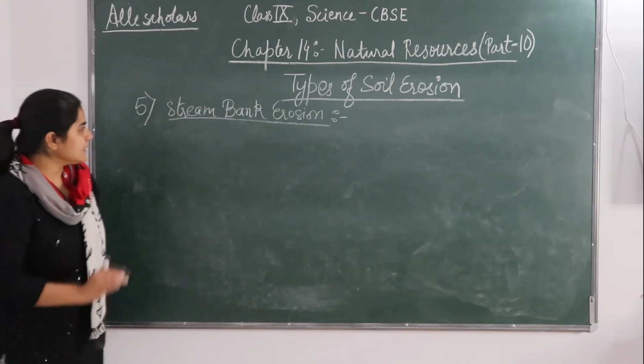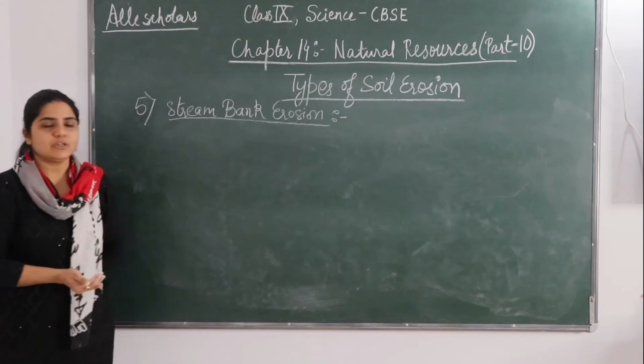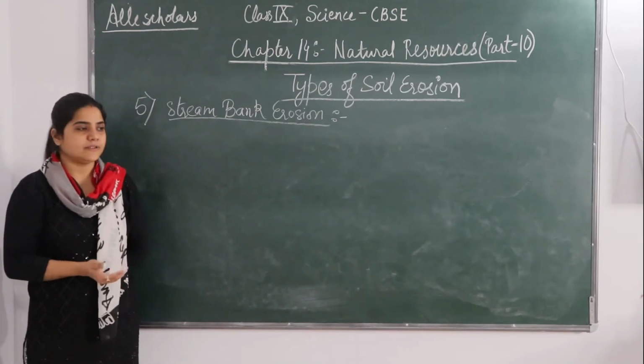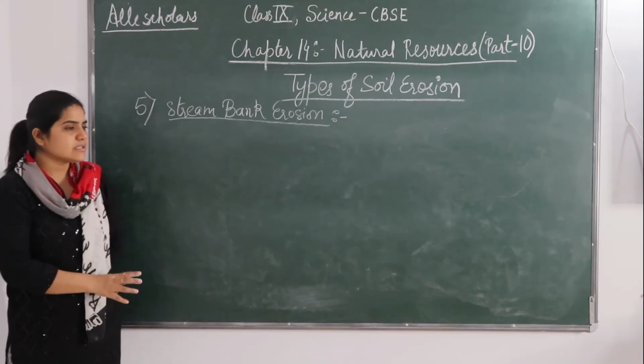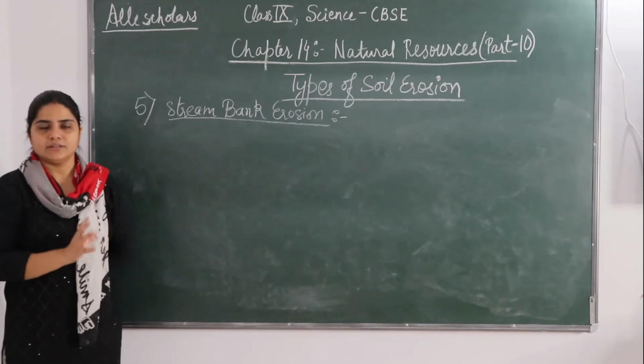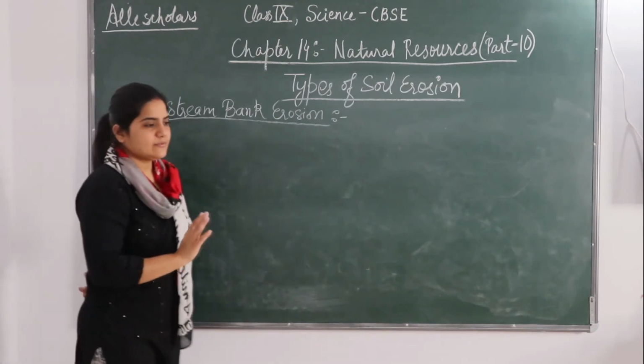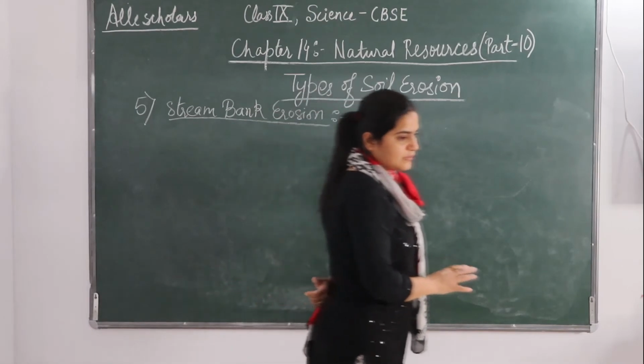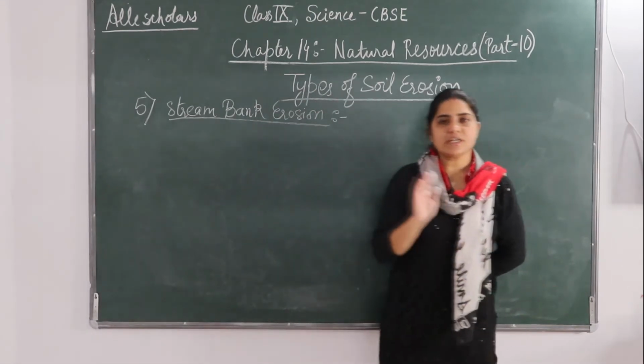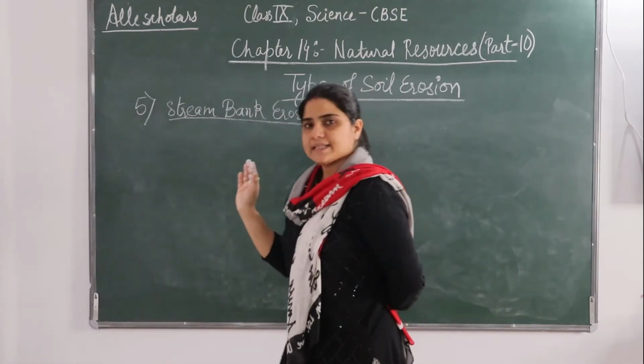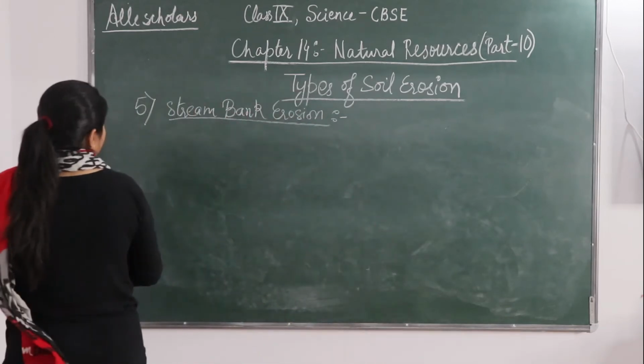Okay, so it is different from erosion of the bed of a water course, it is very different from the erosion of the bed. So this type of erosion is termed as stream bank erosion.